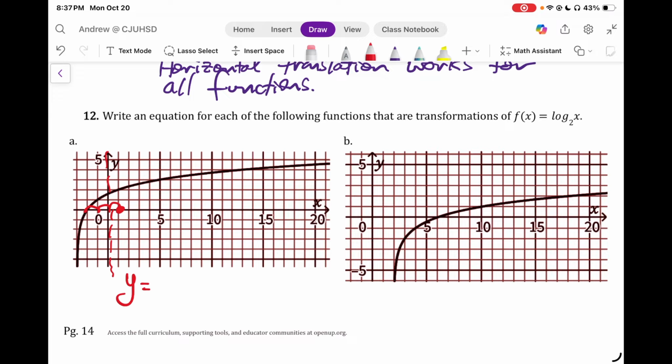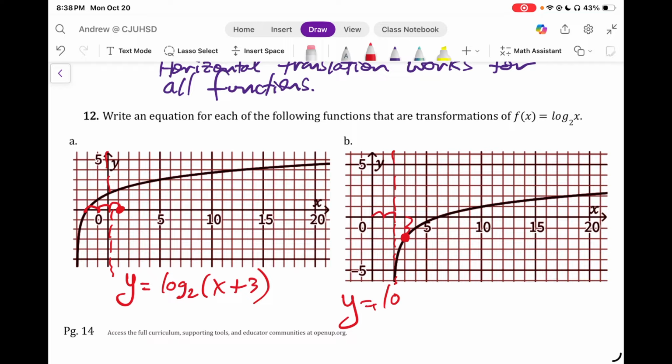So this is probably x plus 3. And this graph, its asymptote has moved 1, 2 spaces to the right. And the point I would expect to be at 1, 0 is now down here. And that means it's been shifted down 2.